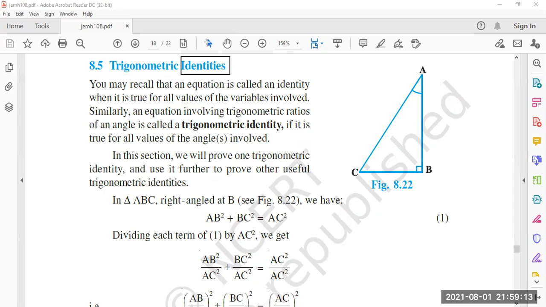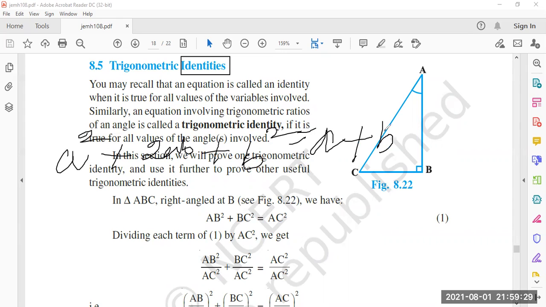So algebraic identities are like shortcut forms. Suppose there is any value like a square plus 2ab, this is the direct form expansion I'm writing, then plus b square, we write it as a plus b whole square. We know that this is the a plus b whole square identity.